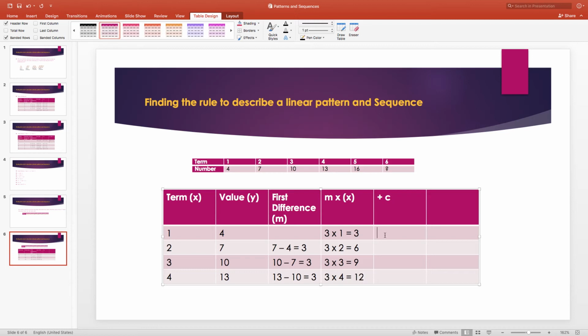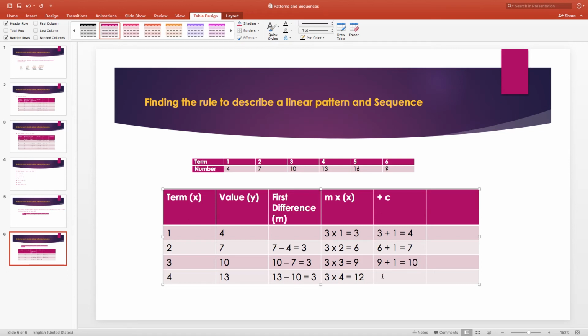And now you can see I have to add 1 again to each of these to get them back to the y value. So c is going to be 1. So 3 plus 1 equals 4. 6 plus 1 equals 7. 9 plus 1 equals 10.